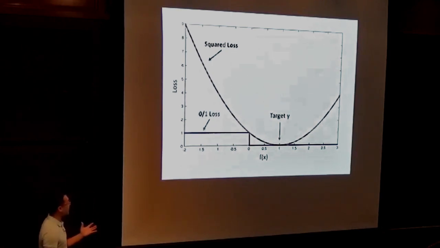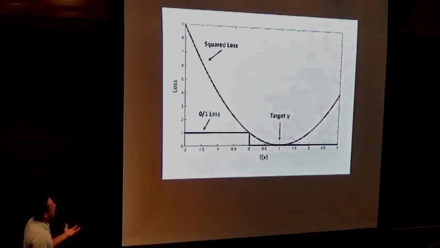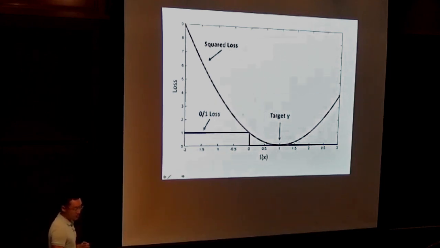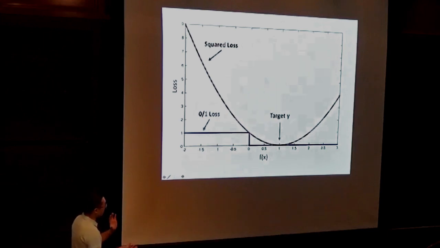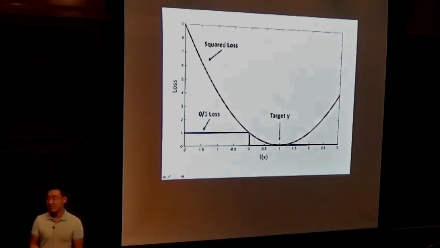And so here I'm plotting a comparison of the geometry of squared loss versus 0-1 loss. For squared loss, you see this quadratic shape where as you deviate from the correct prediction of +1, the penalty for the misprediction increases superlinearly.